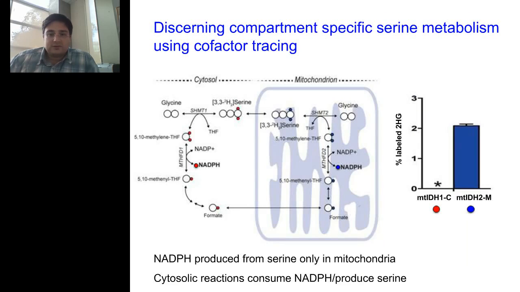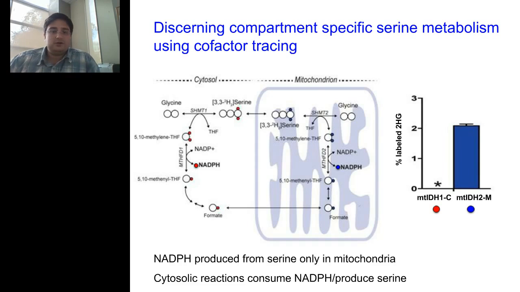And what we observed is a pretty clear answer, in that we only saw labeling of 2-HG produced by our IDH2 mutant cells.